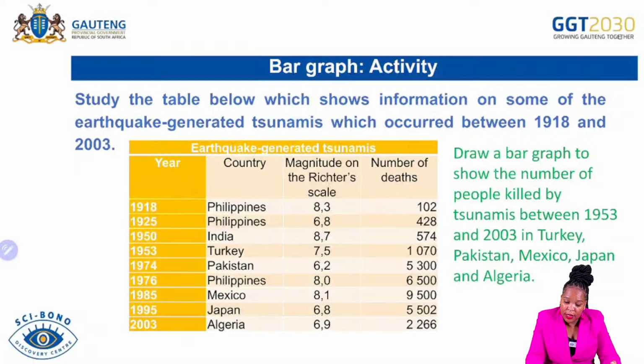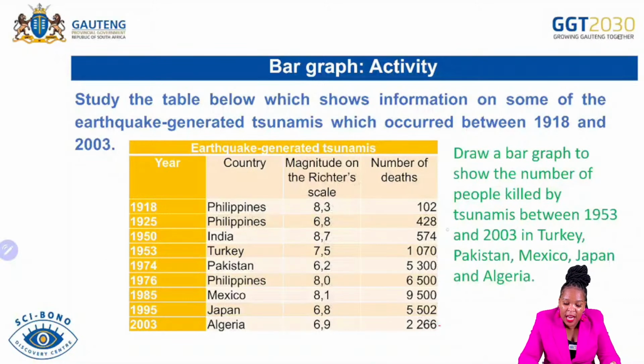These are the tsunamis that were generated by earthquakes from 1918 up to 2003. These are the areas or countries in which they occurred. Then these are the values on the Richter scale, and then these are the number of deaths that were caused by the tsunami.